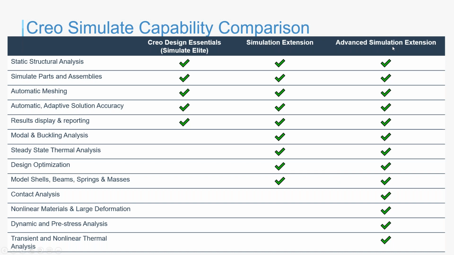So the main reasons you might want to go to Advanced Simulate Extension is you have transient thermal analysis, you got dynamic analysis, which means you can mimic like the shaker table test in the real world, the high-end vibration analysis. Maybe you have a PSD, a power spectral density plot, G-square per hertz, and you want to see the response of the system, right? You have nonlinear materials.